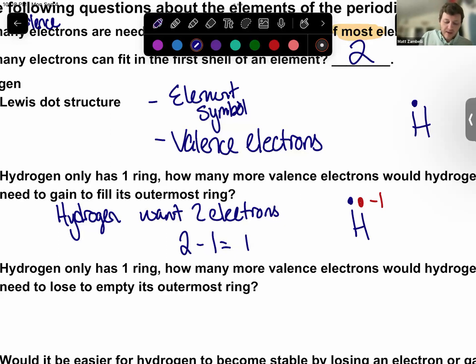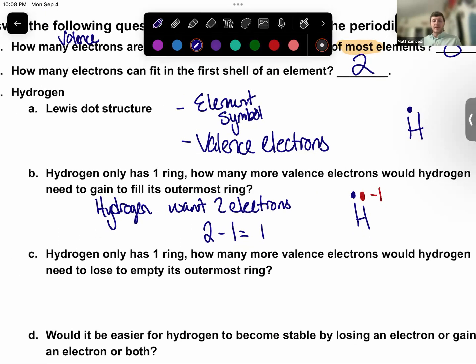And then if we look back here, it says that hydrogen only has 1 ring. How many valence electrons would hydrogen need to lose to empty its outermost ring? Hydrogen wants 0 now. And if we want 0, 1 minus 1 gives us that 0.